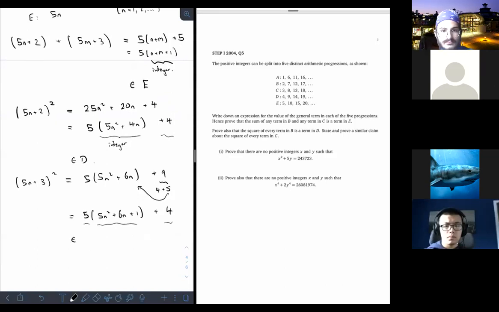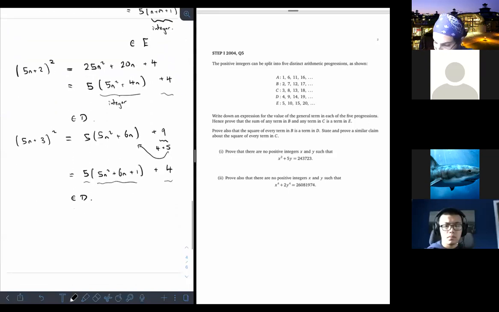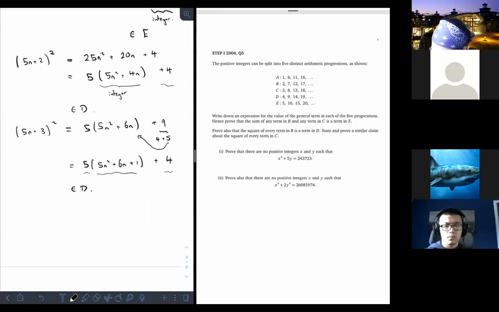So this is in D. In slightly bad notation, but just to illustrate the point, we've shown that B squared belongs to D, and C squared belongs to D as well. So if we square something in B or C, we always get something in D.